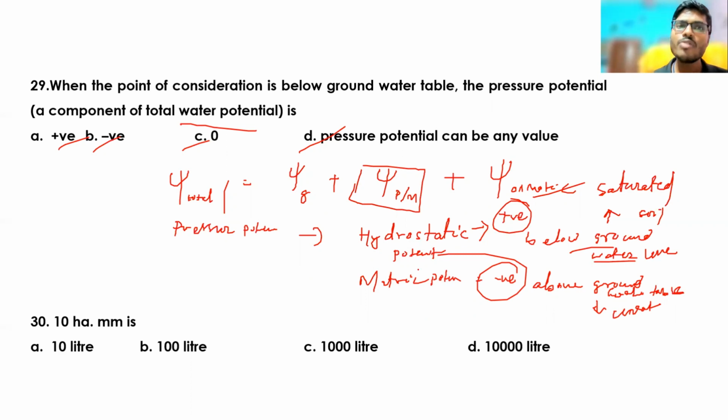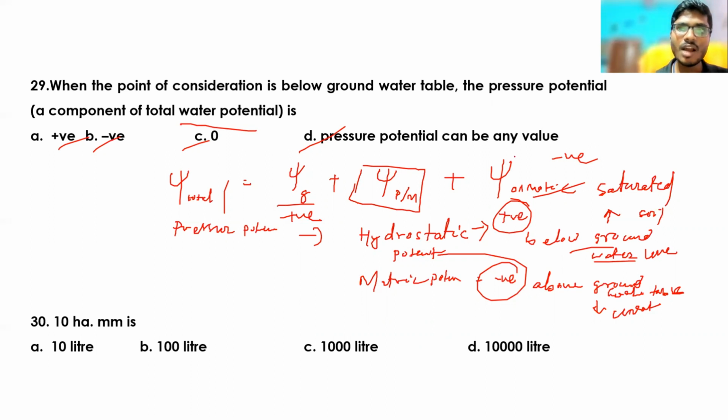Now we'll see the signs of the other potentials. Gravitational potential is always positive and osmotic potential is always negative. We have already discussed that osmotic potential is negative in the presence of salts, and osmotic pressure is always positive. So now the potential concept in soil is clear. In the next lecture we'll continue with the potential concept in the plant cell.